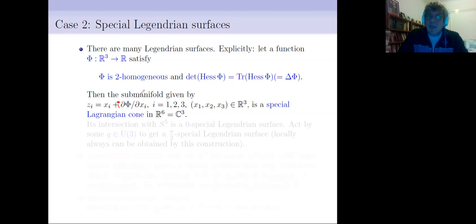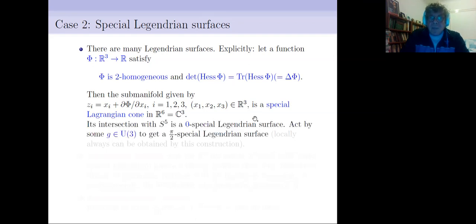In this way you get a 3-dimensional cone in your R6, a cone because your phi is two-homogeneous. Then you intersect your cone with the unit sphere, and you get your special Lagrangian surface; what you actually get is a 0 special Legendrian surface.